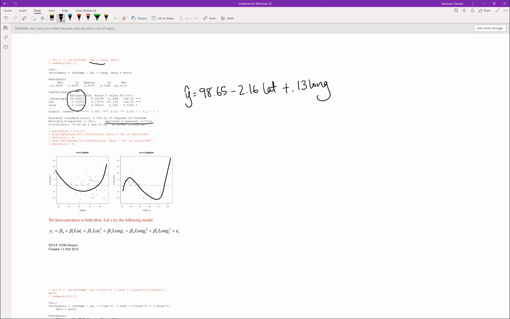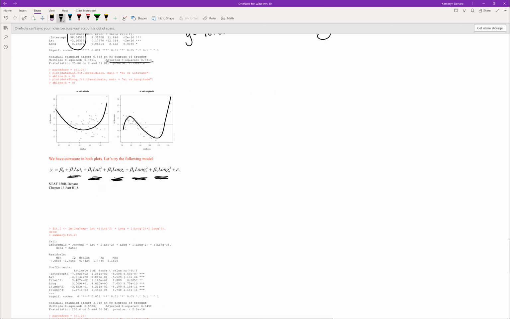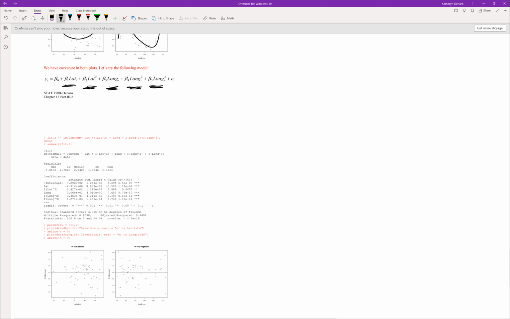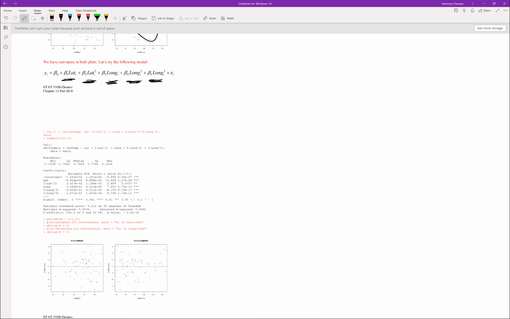So we can fit the following model where we have our main effect for latitude, but then we also put in latitude squared. And for longitude, we have our main effect for longitude, but we also add in longitude squared and longitude cubed. Okay, so doing this in R, we can fit our model as we did here.